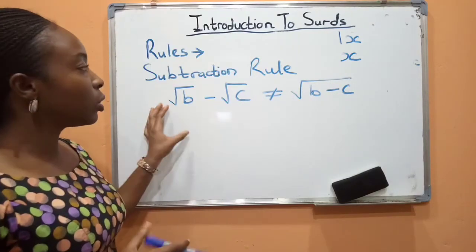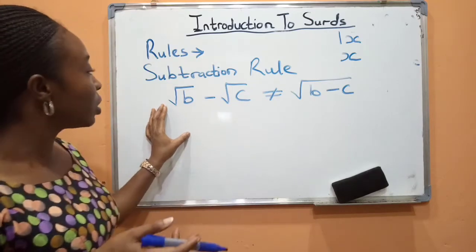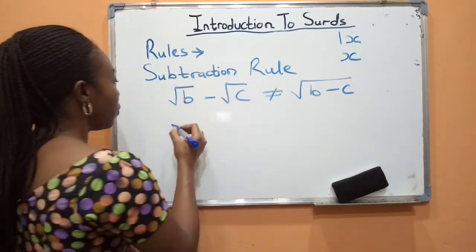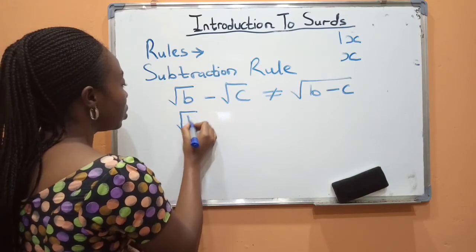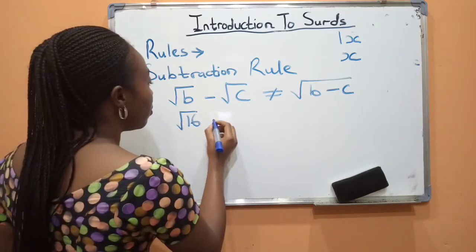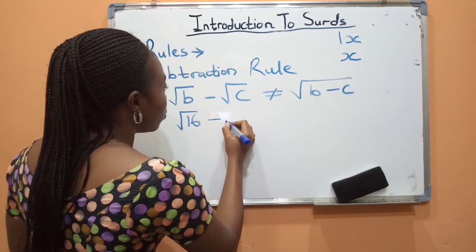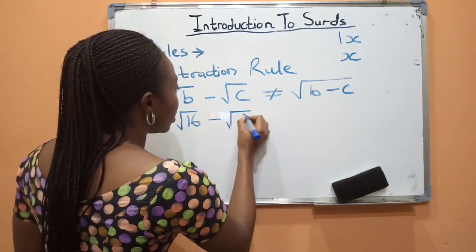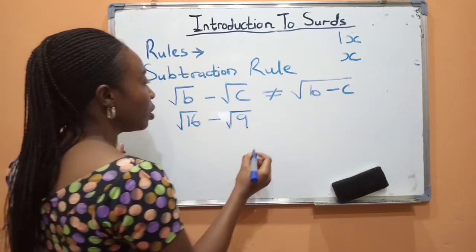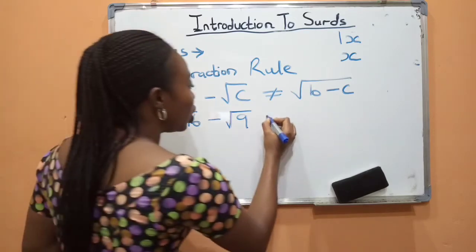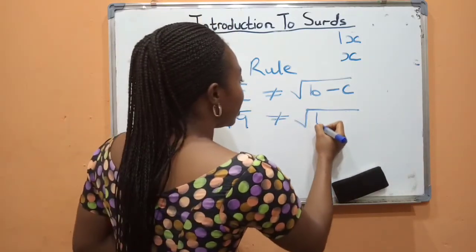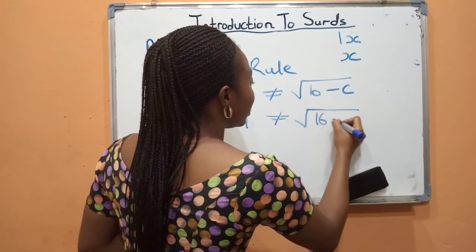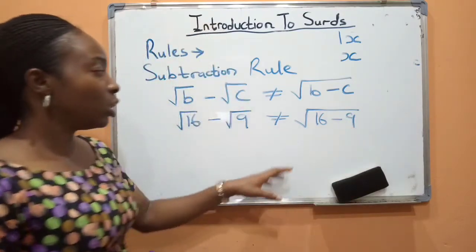So let's impute a number here so that we can understand how this rule works. For example, if we have root 16 minus root 9, what this is telling us is that it is not equal to the square root of 16 minus 9. No, it's not the same thing.